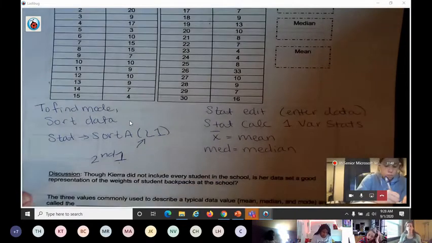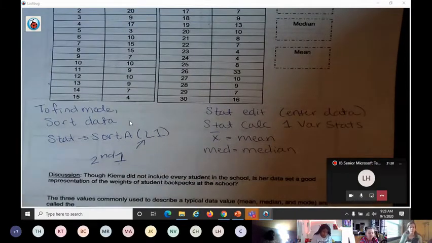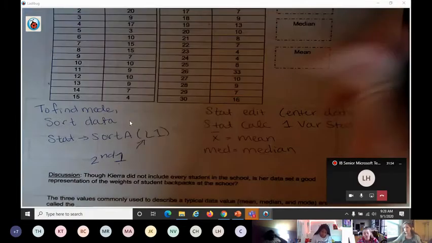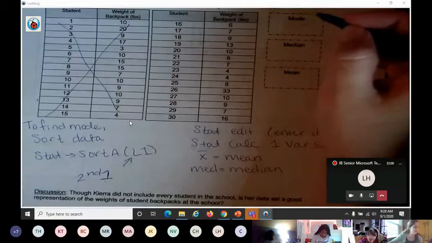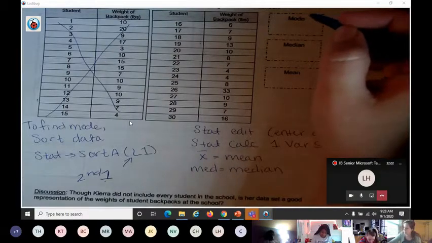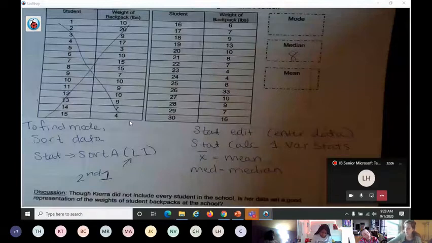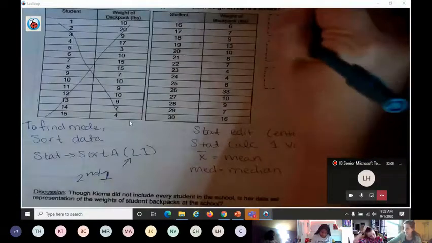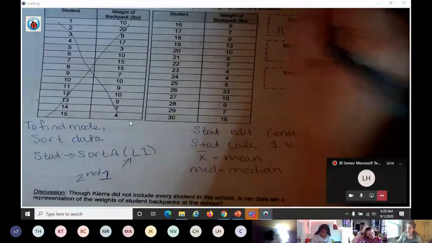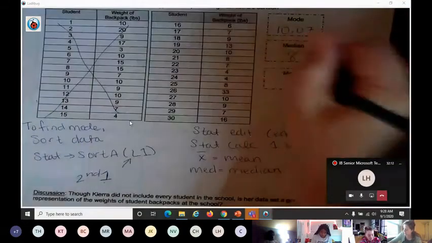Okay, and that's what it's coded as on your sheet. So I'll cross out this first column because we didn't use it. Our median was 8. Our mean was 10.07. Oh, I'm sorry, our mean was that.